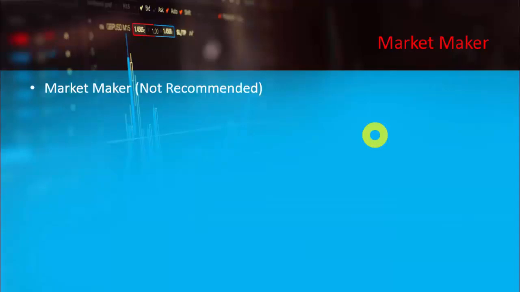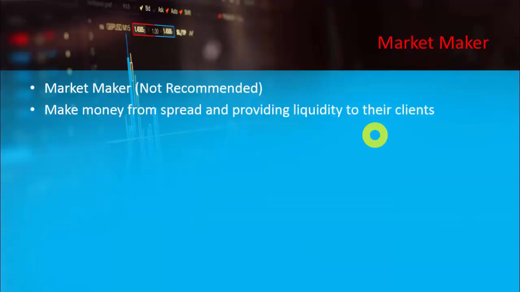Okay, so they make money from spread and providing liquidity to their clients. This market maker broker can manipulate the market. They can move the market on their own broker MT4 platform by a few pips difference, or they can hunt your stop loss. So basically they are going to make money from you, from your spread, from your loss and profit.